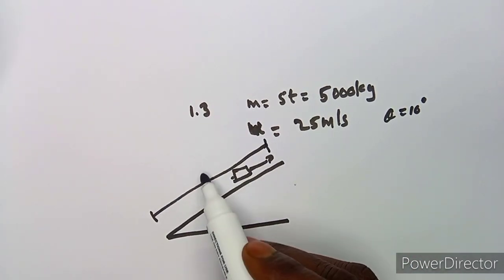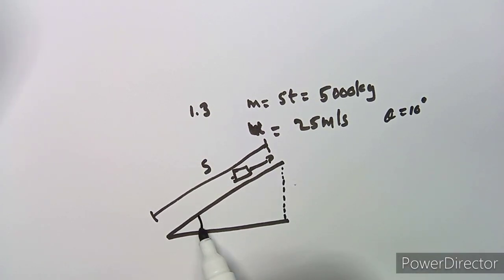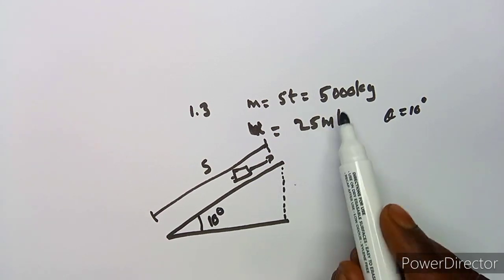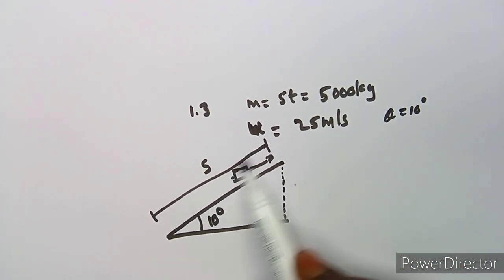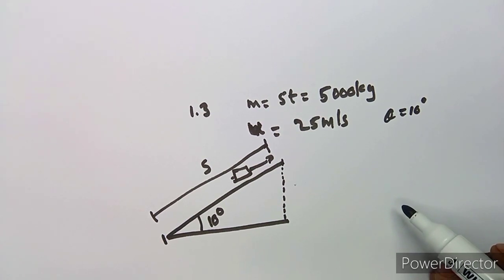Let's just call this our S. The only thing that we have in this case is the mass and the velocity when it is traveling from this point to this point, which is 25 meters per second. That is the only thing that we have. Now the question is, how are we going to find this S, that is the distance that was traveled, guys?